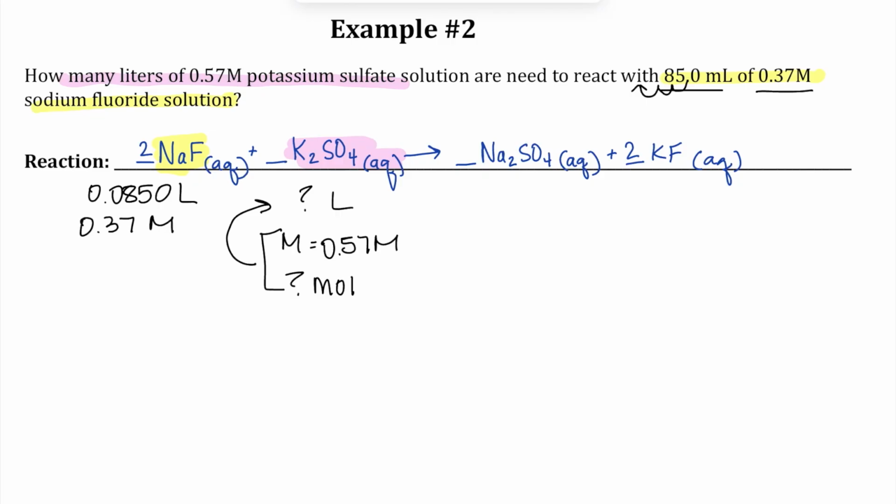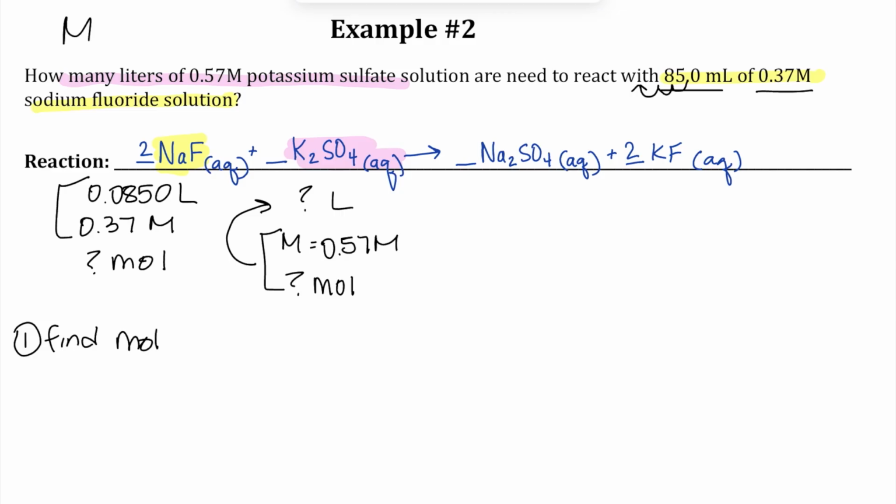And so I'm going to be able to use that to find out how many moles of sodium fluoride I have. Because in order to do stoichiometry, we either need moles or grams. It's going to be easiest for me to go to moles. So to get from sodium fluoride to potassium sulfate, I need to get to moles. So my first step, step 1, is going to be to find moles.